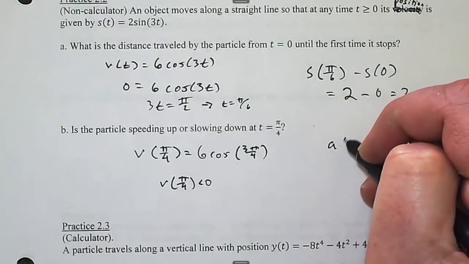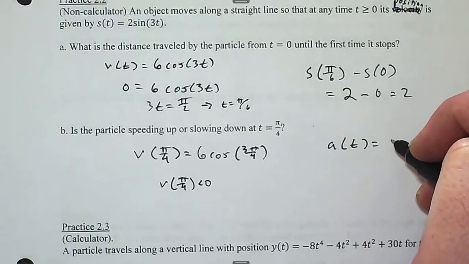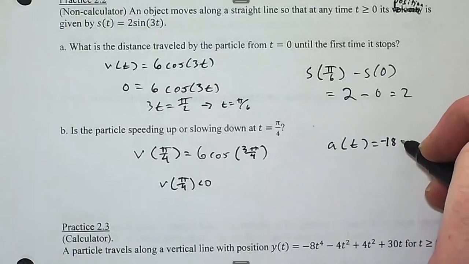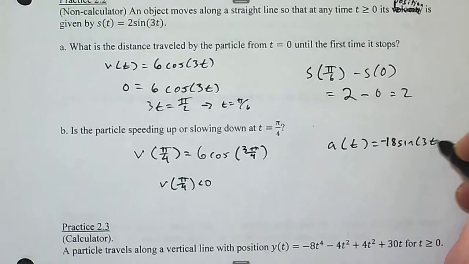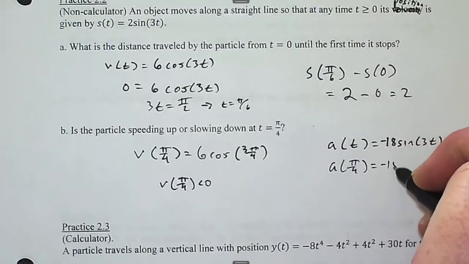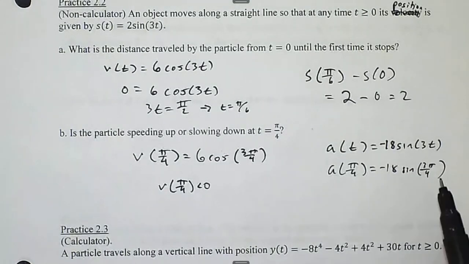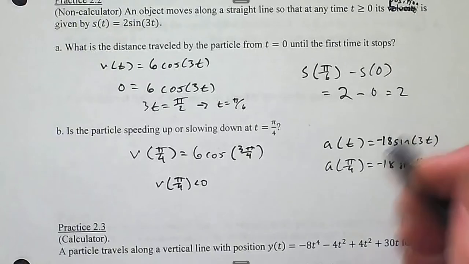Let's find acceleration. Our acceleration function would be negative 18 sine of 3t. A of pi over 4 is negative 18 sine of 3 pi over 4. Well, sine is positive in quadrant 2, so this is a negative times a positive number.